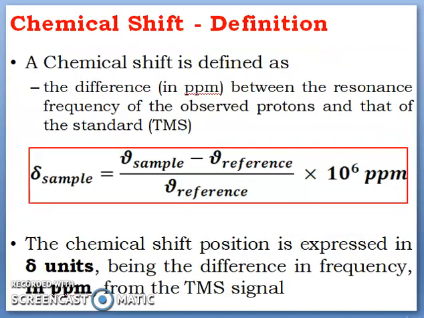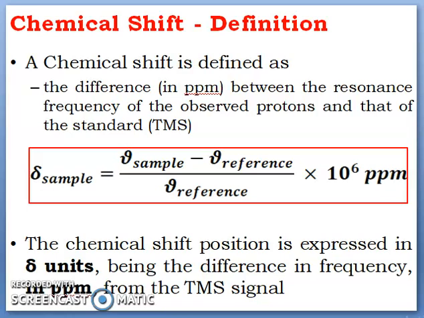Accordingly, we have defined the chemical shift as the difference in ppm level between the resonance frequency of the observed protons and that of the standard. We can represent this chemical shift value by using the given formula.